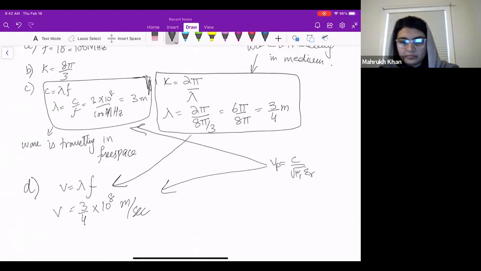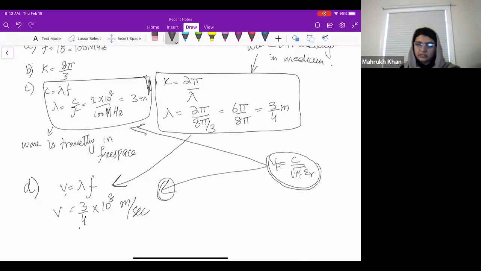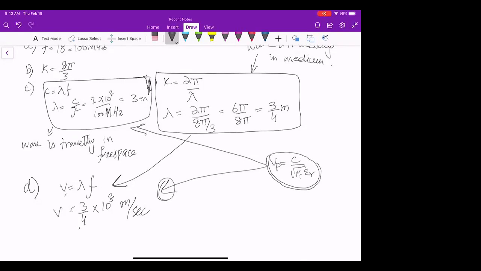In this formula you are using VP, and in that formula I am using C, which means I am thinking it is traveling in free space, while here I am thinking it's traveling in the medium. So this formula tells how the phase velocity in the medium differs from the speed of light. But you are not using this formula now, I'm just explaining it. You will use it when you have to find the relationship between the speed of light and the phase velocity.